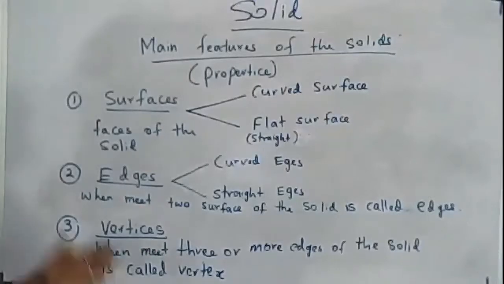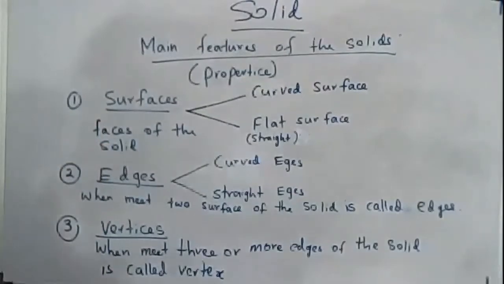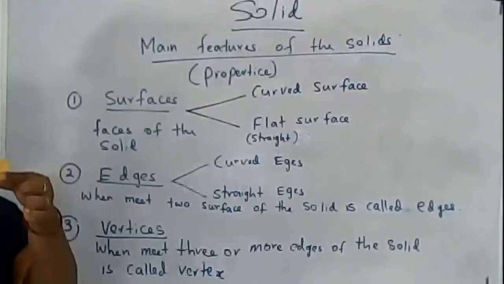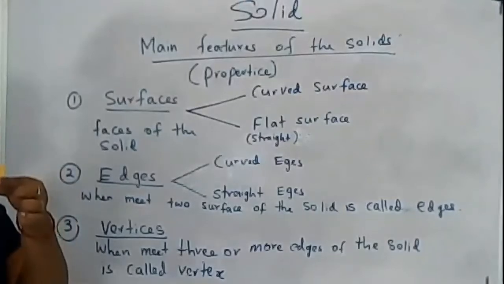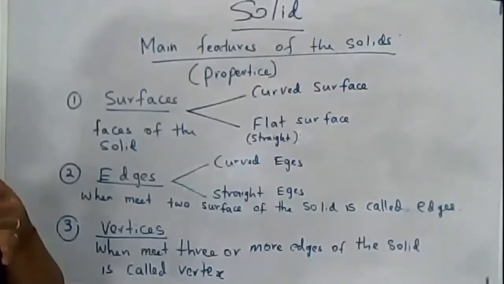Right. Now look at the board again. Now the surface, when I take this cube, can you see the cube? What do you mean by surface? Surface means faces, right? We can see the faces.